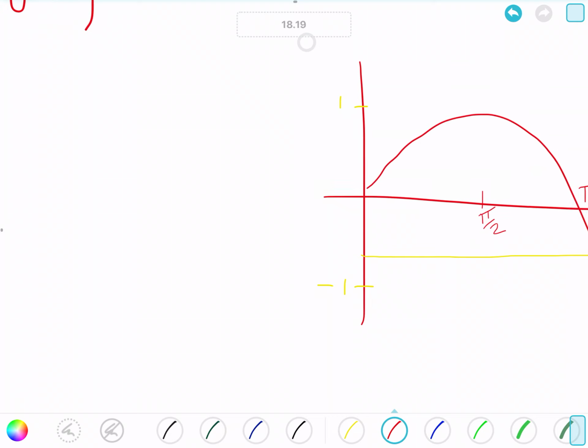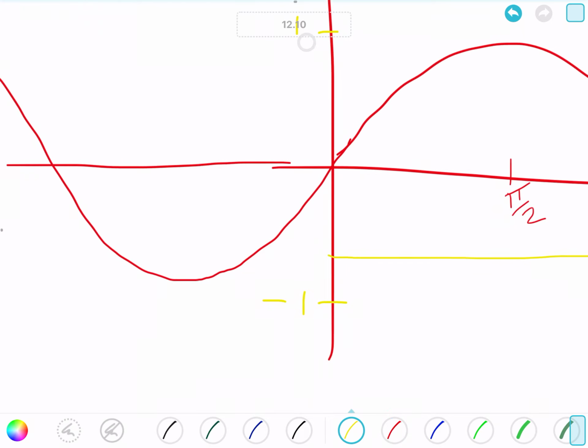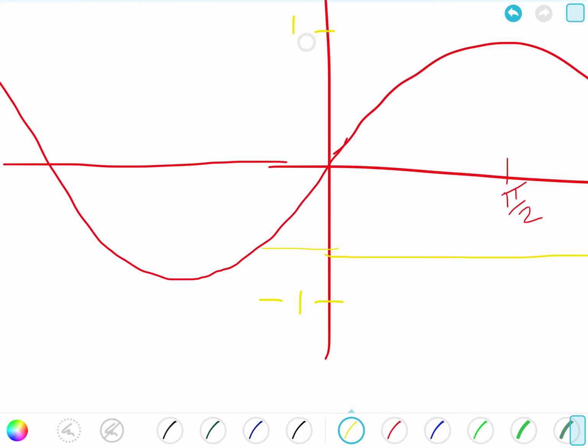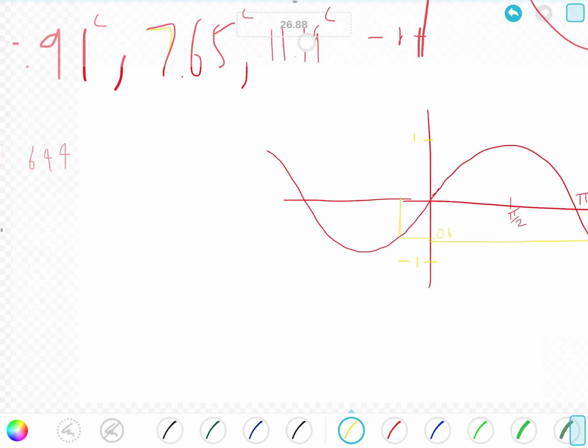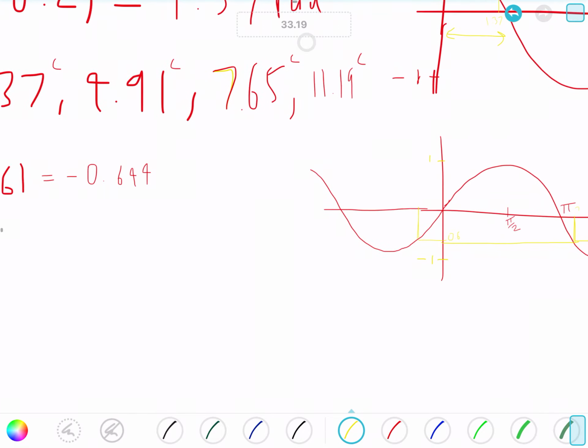And it just so happens, because sine just carries on forever in both directions like that, it's given us the one on the negative side, which is here. Like this is 0.6. It's given us this value here, which it said was minus 0.644.